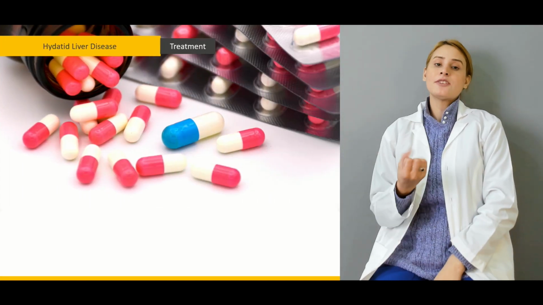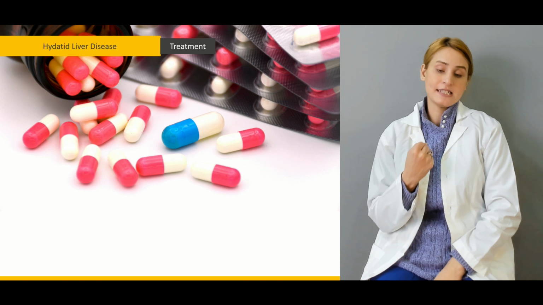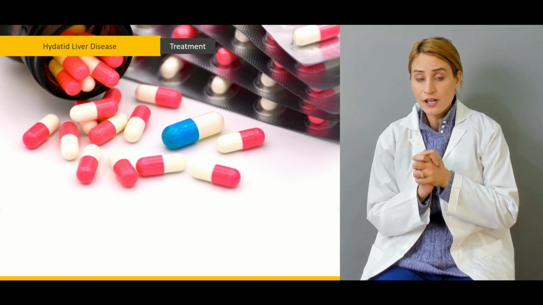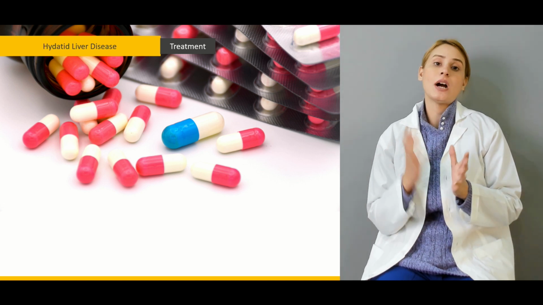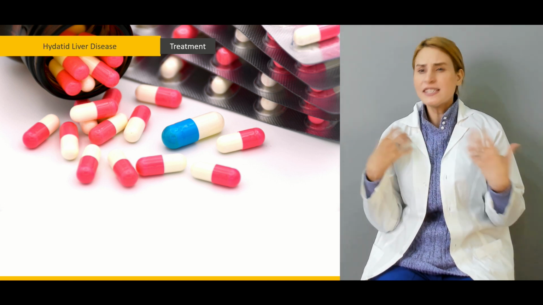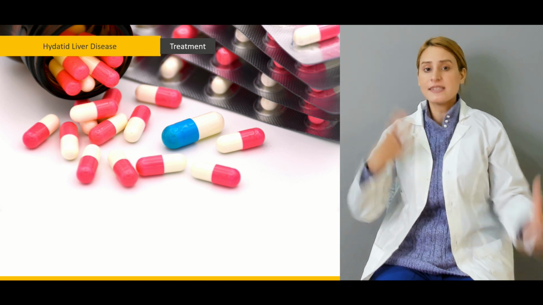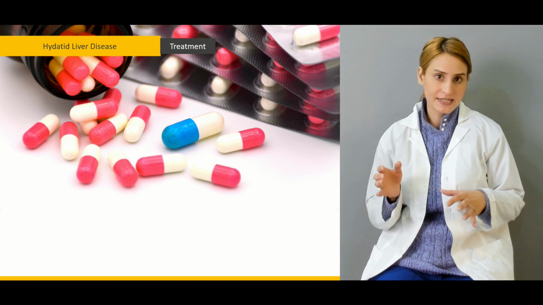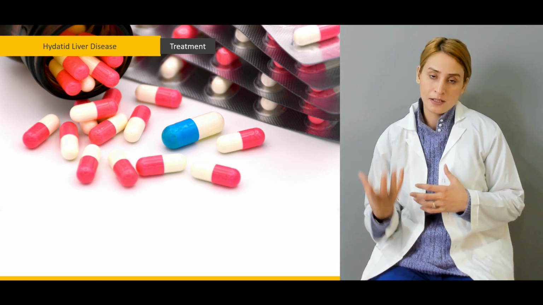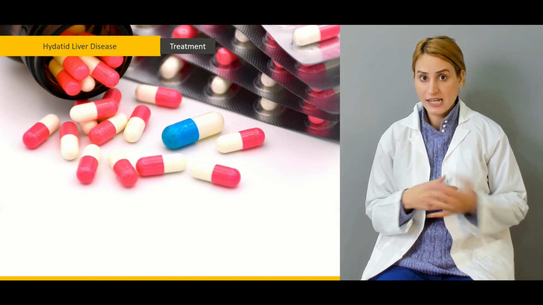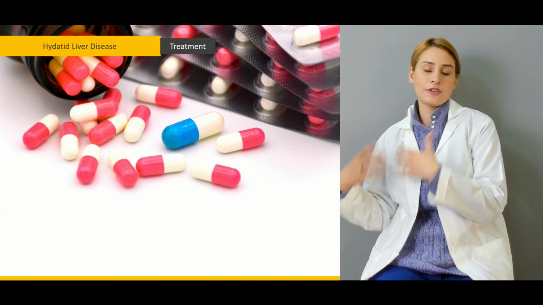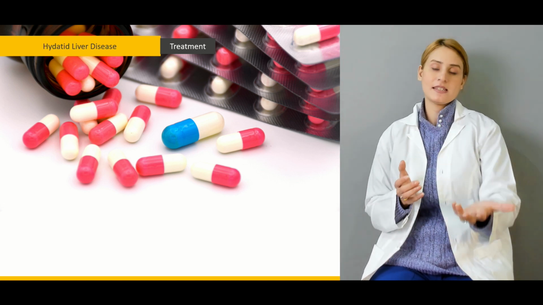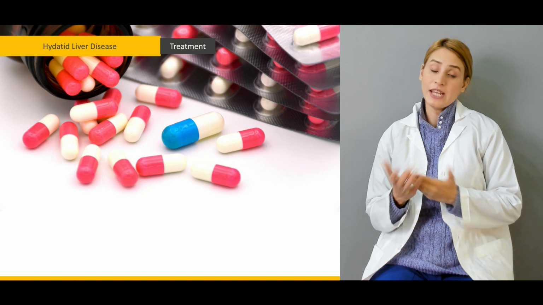So if you talk about the treatment of hydatid disease, you first need to know what can happen in a patient who has already acquired hydatid liver disease. It is possible that this cyst remains in the liver and persists in size, or it may increase in size, causing discomfort or right upper quadrant pain, and sometimes it can form a full-blown abscess.